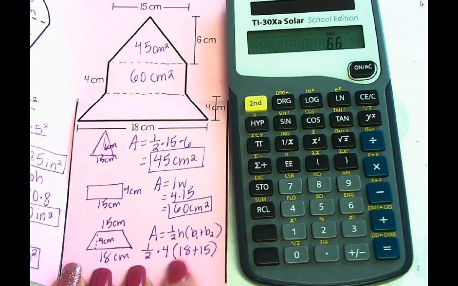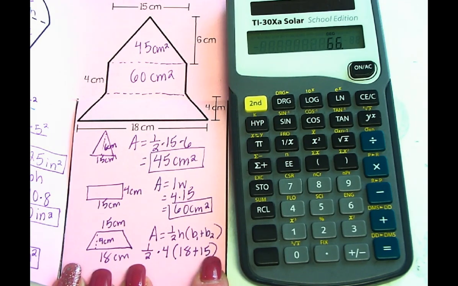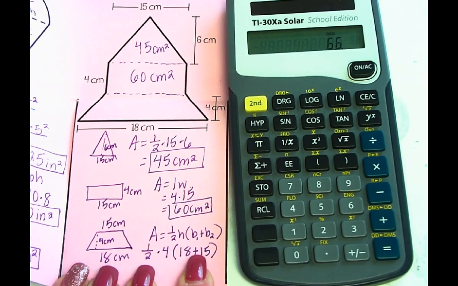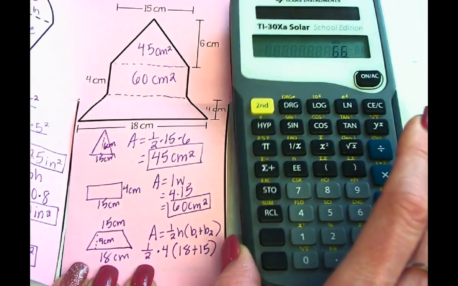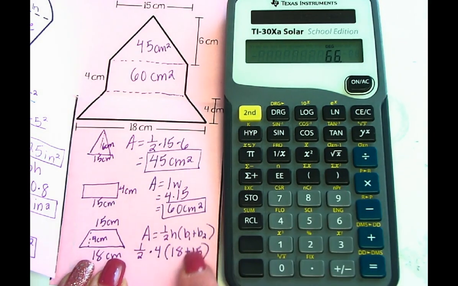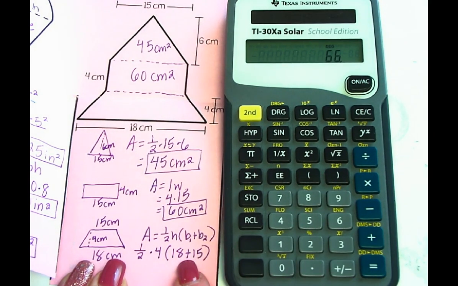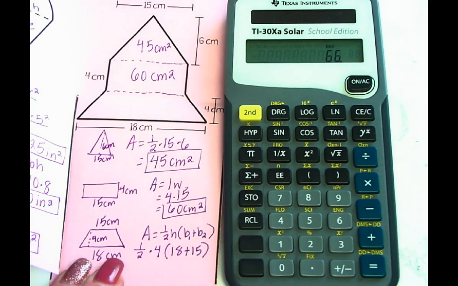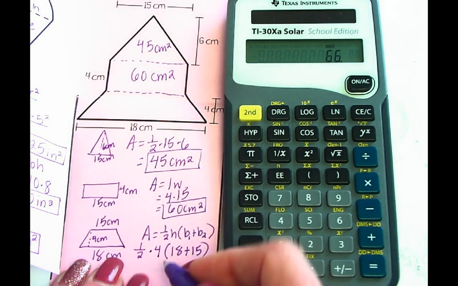Now you could do this step by step if you wanted to. You could just add what's in parentheses and then do your multiplication if the calculator confuses you. But the calculator, I mean, it's pretty simple for this one. You just have to make sure that you put your parentheses in so that you find the sum of those two numbers, those two bases, before you multiply by 4. And so my answer would be 66 square centimeters.